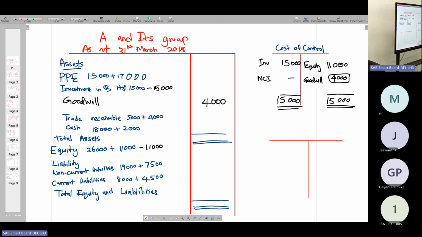Now what you should do? Line by line addition. Line by line addition. This data. That's investment. Then make the entry down.